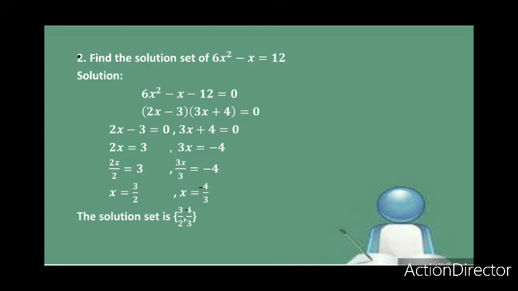Divide both sides by 2 and the result is x equals 3 halves. On the other side, 3x equals negative 4. Divide both sides by 3 and the result is x equals negative 4 thirds. Our solution set of the equation is 3 halves and negative 4 thirds.